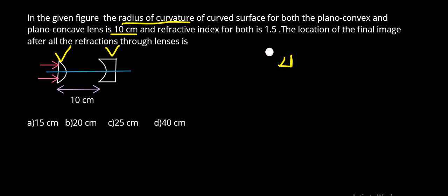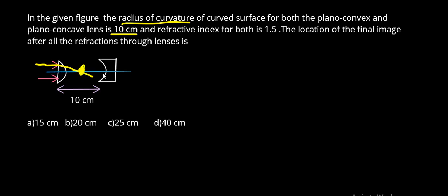After learning this basic, we have to understand where the final image is going to be formed. First of all, you have to find where the light goes after it is incident here, where the image is going to be formed.